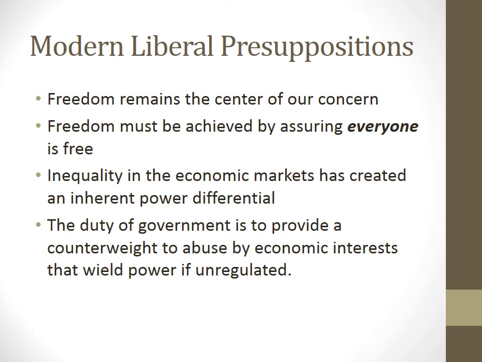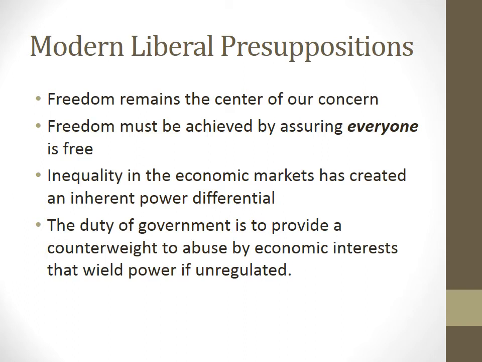So the third bullet is that the inequality in the economic markets that we see in modern times, with the creation of corporations and the means of production being standardized, mass production and interchangeable parts, all those sorts of things, has created the accumulation of wealth and power in the hands of a few to the threat of the many.